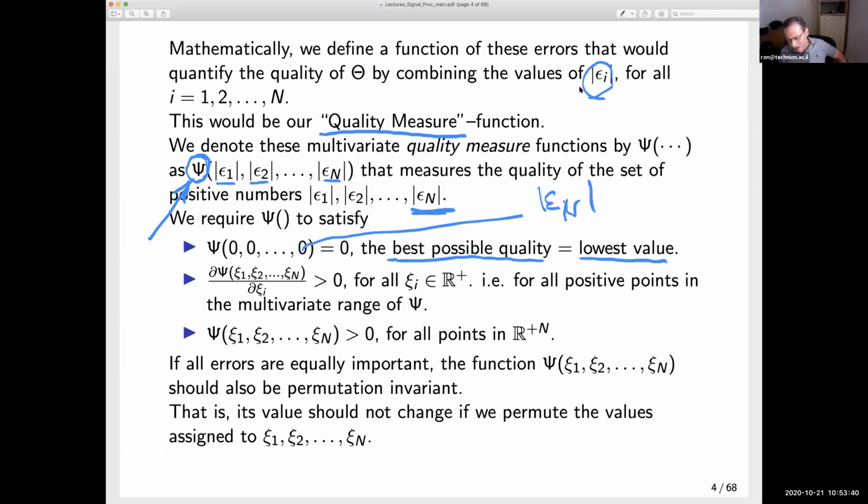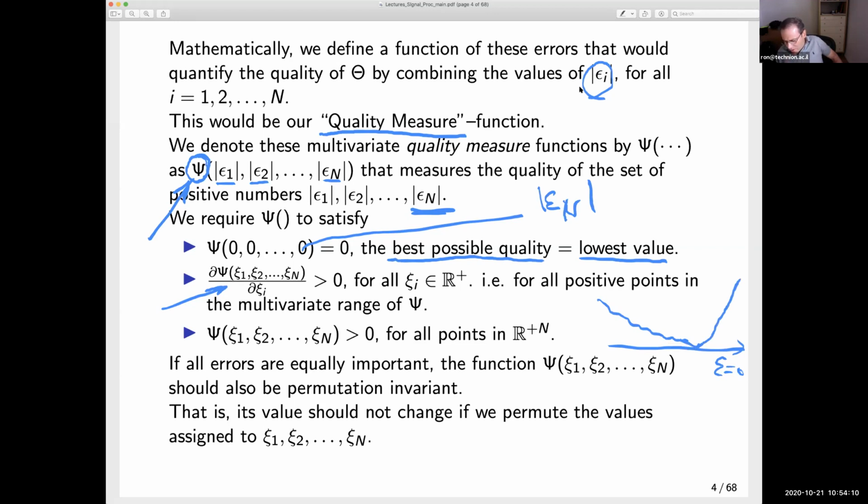So if I'm taking the derivative with respect to each and every element of this function, I would like the derivative to be higher than 0. It means that if I'm looking at a function with a single variable, it should decrease to 0, and this is where epsilon is equal to 0, and then it should increase when epsilon is higher than 0.